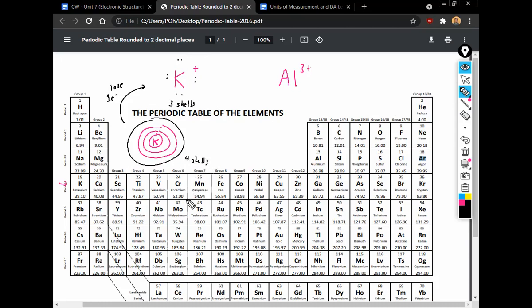So just keep that in mind. All right, and then last one, aluminum. Since aluminum lost 3, right? Aluminum had 3. If we go 3, 2, 1, those disappear. Al3+ is going to have 2 shells, and it's going to have 8 valence electrons. Okay, 8, right? 8.